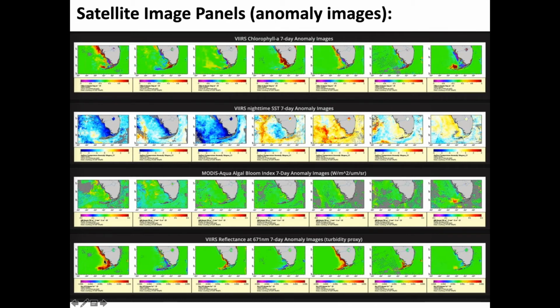Because if you were looking at an image of this, or say chlorophyll, and you were just looking at the mean value, because it's so shallow, you would see a lot of red colors, and it would be hard to discern. If you had, say, a pulse of something close to shore, you wouldn't necessarily see that. And that's why we choose to look at anomalies for display in these products.